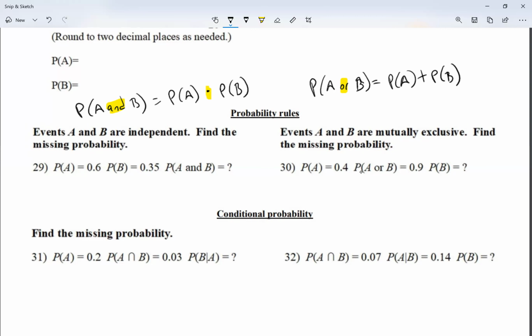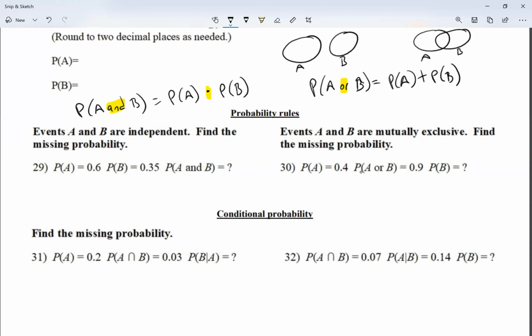If they do overlap, because there are two cases: I have event A and event B that don't overlap, but I could also have event A and event B that do. When they don't overlap, we call that mutually exclusive. They don't affect each other. If they do overlap, we don't call it mutually exclusive.